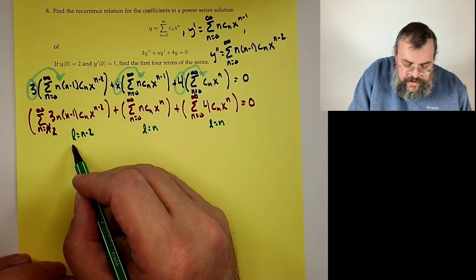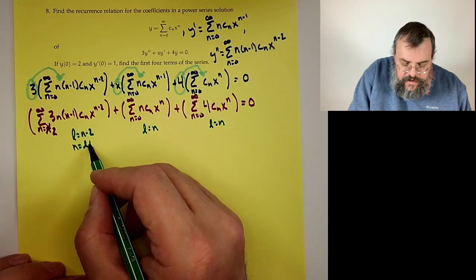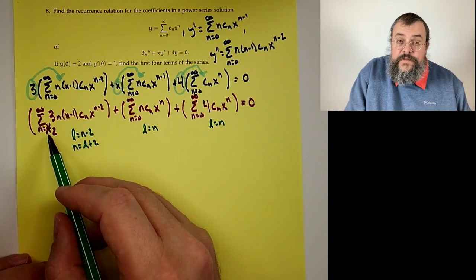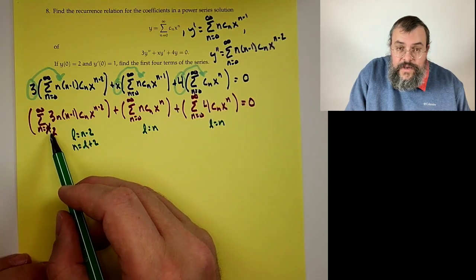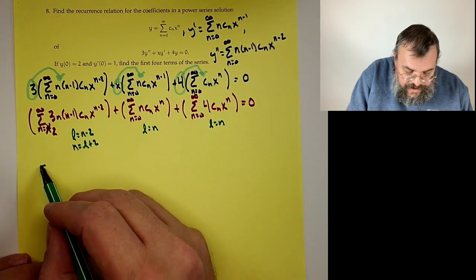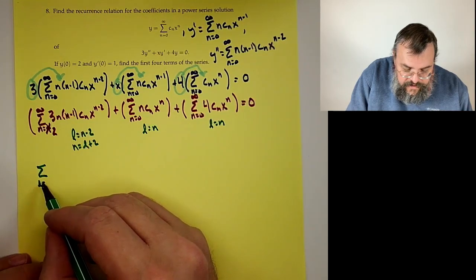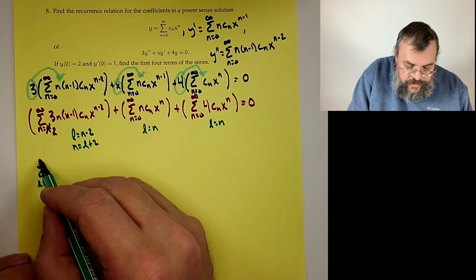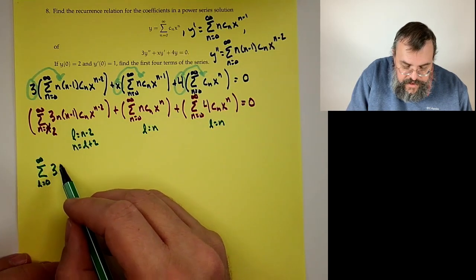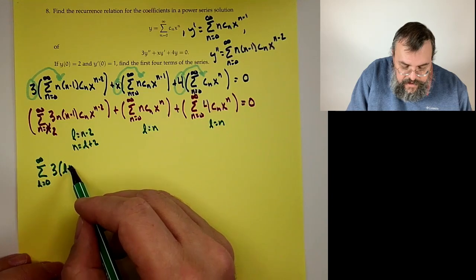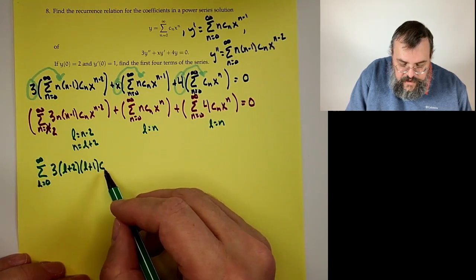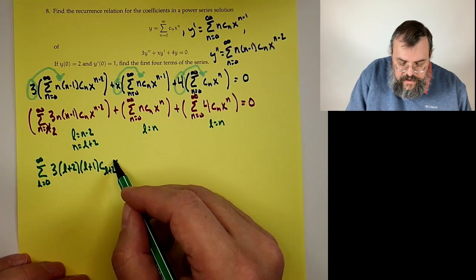If L equals n minus 2, that's the same as n equals L plus 2. So notice, because we changed from starting at 0 to starting at 2, L starts at 0. Okay, so we have the sum starting at 0 to infinity of 3 times L plus 2 times L plus 1, C sub L plus 2, x to the L.